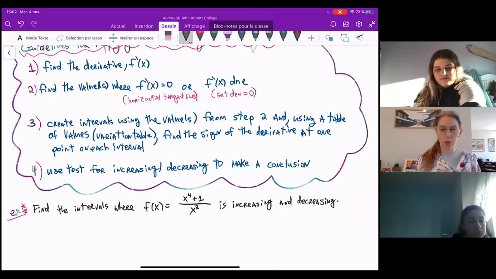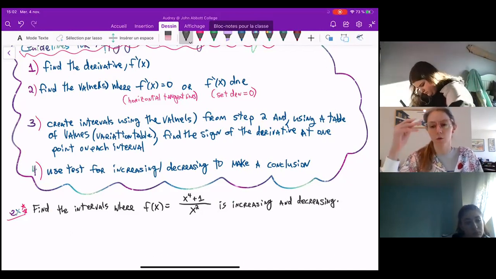Okay, so our first step tells us that we want to find the derivative.